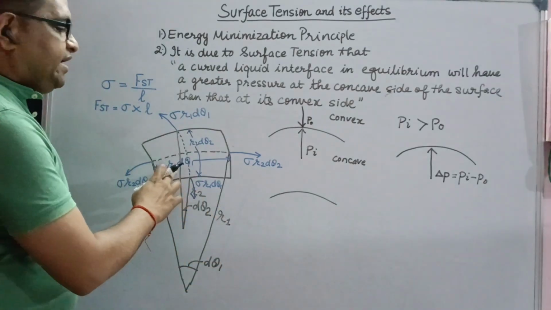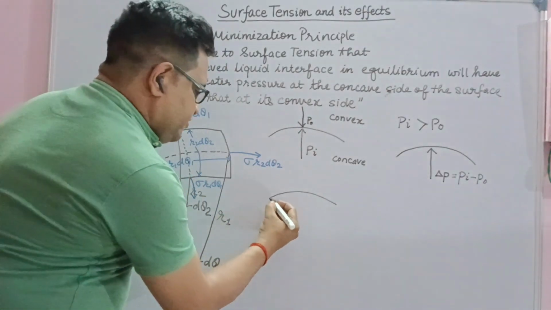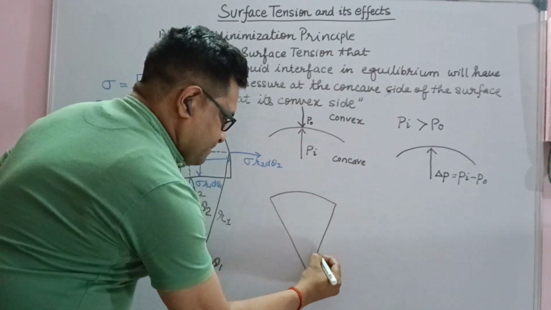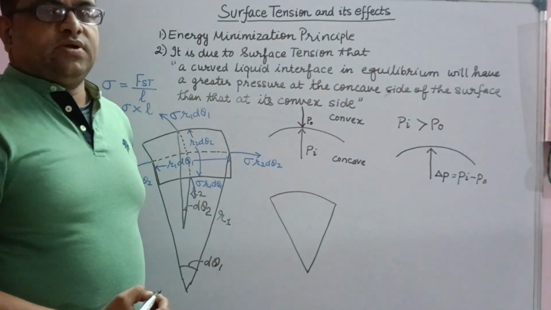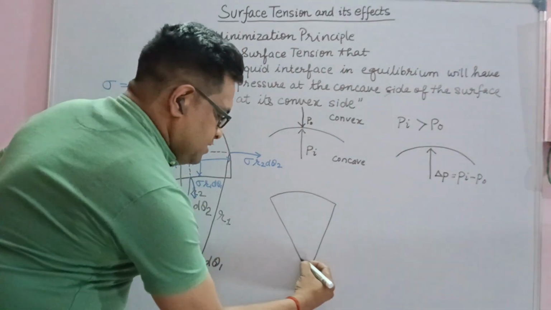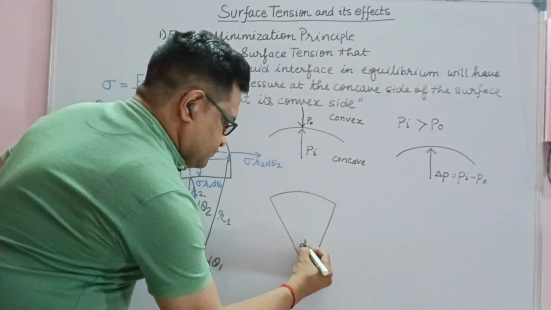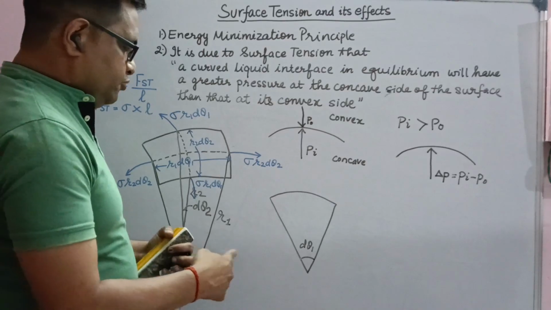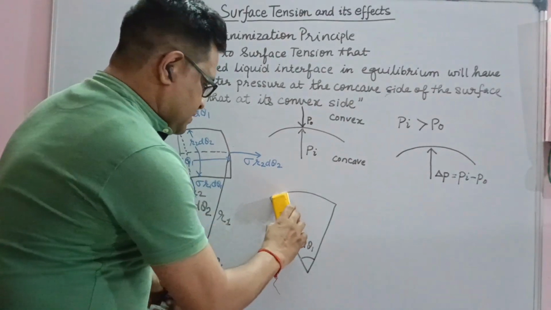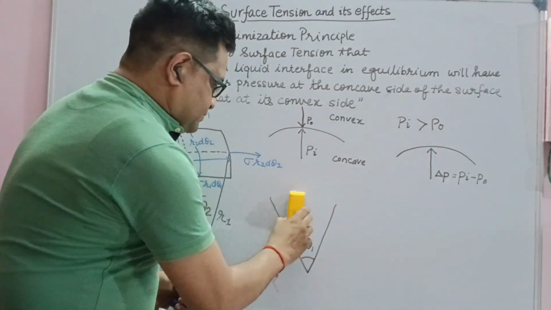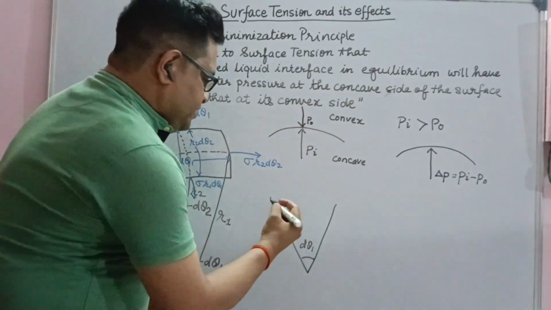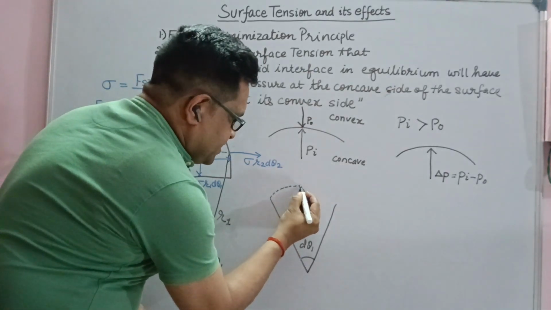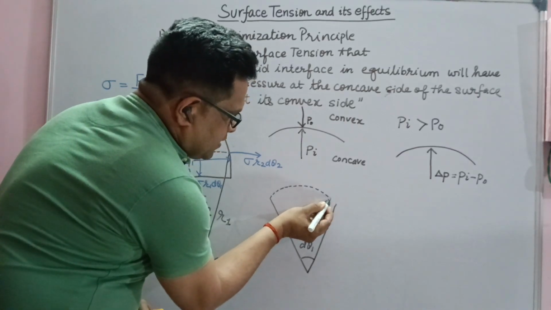which is r1 d theta 1, and we may draw this one like this. This will be d theta 1. Now, the force due to surface tension, let me draw it by using dotted lines and making it more curved.